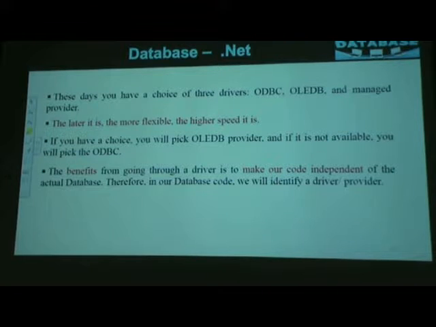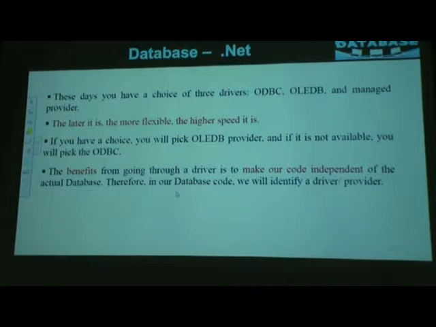The later the provider, the more flexible and the higher speed it is. If you have a choice, you will pick the OLEDB provider, and if it is not available, you can pick the ODBC. The benefit from going through a driver is to make our code independent of the actual database.